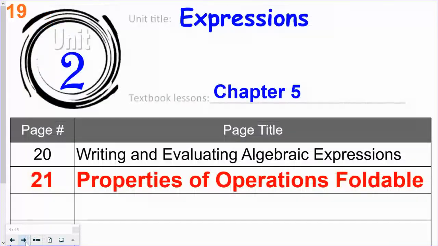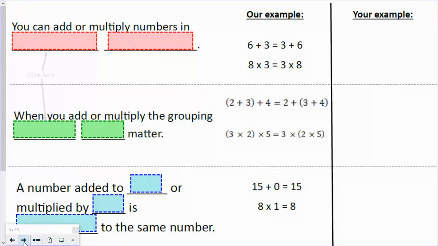You know these 4 properties you are going to discuss in this order. Okay, this is Unit 2, part of our expressions unit, and it's our second lesson on page 21 of our properties of operations foldable. All right, so here goes with our first one.